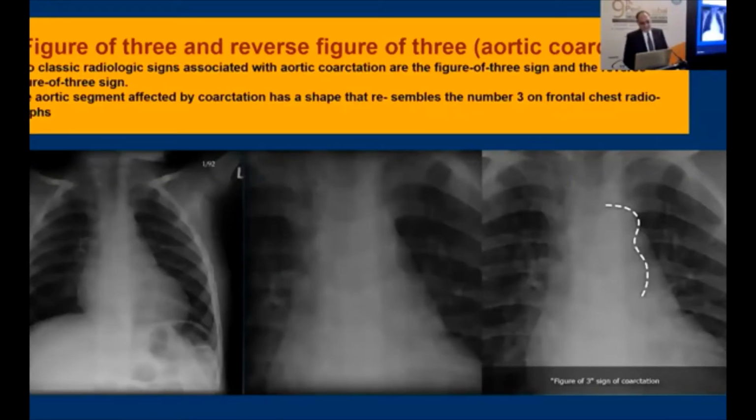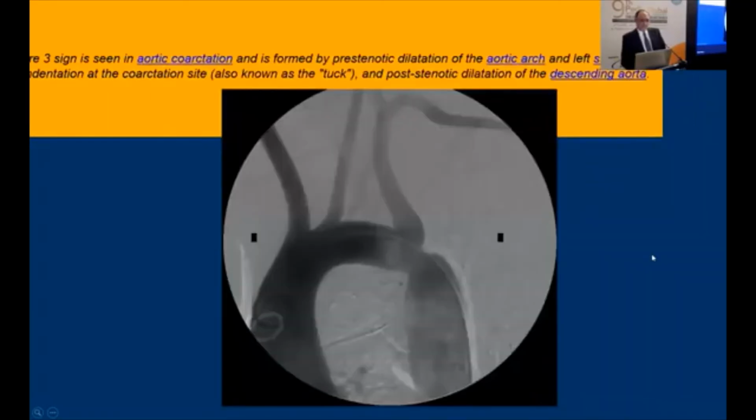Okay, this is a very common, very famous sign. It's the figure of 3 sign, due to coarctation of the aorta, with dilatation of the aortic arch, the stenosis, and the dilatation of the descending aorta, which gives this appearance of figure 3. In angiography, we can see the dilatation before and after the stenosis.